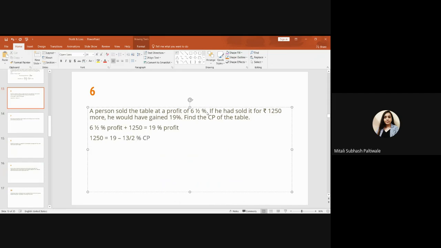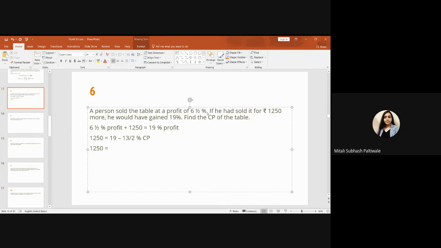Okay, so now it would be C. I was telling you that, be it a profit or a loss, you'll always be calculating it on the cost price, so we are calculating it here on the cost price. Now, let's try solving this one.